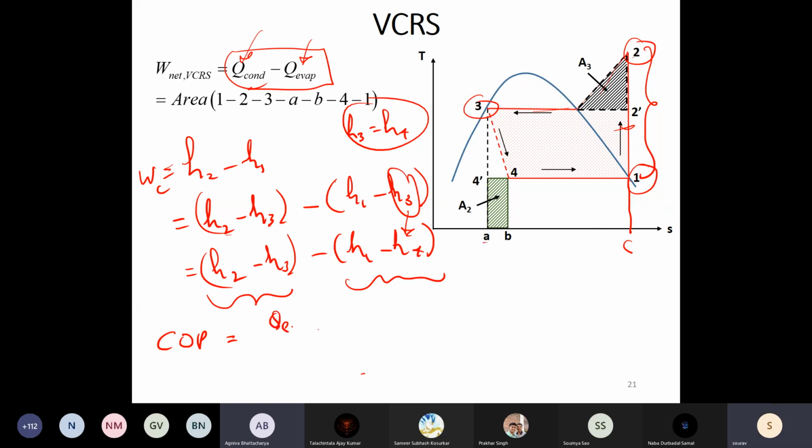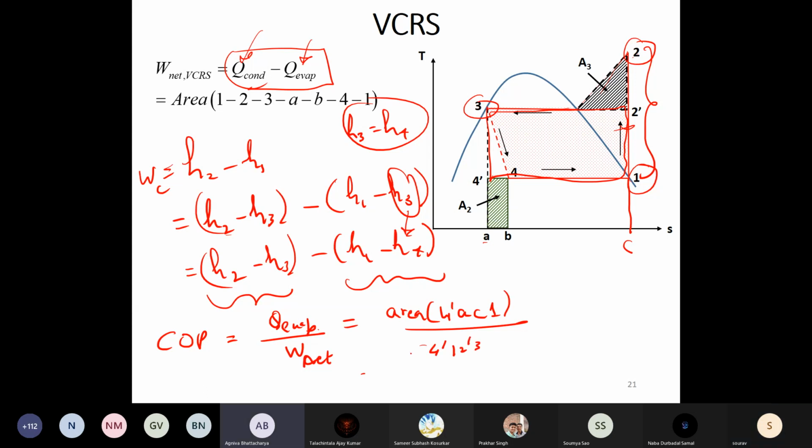So the Q evaporator definition is still the same; the work done by the compression, in this case it would be the net work. Okay, so the area under 4 prime A C 1 divided by the area of this rectangle. In the case of Carnot, the area would have been 4 prime 1 2 prime 3. This is for Carnot.